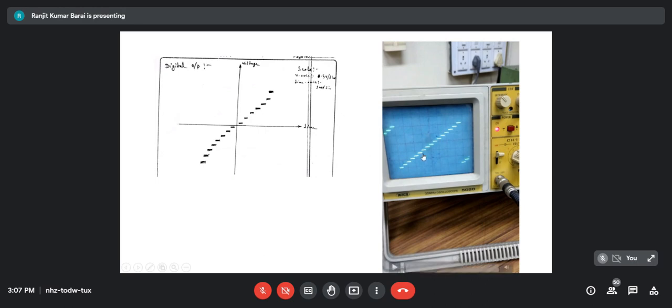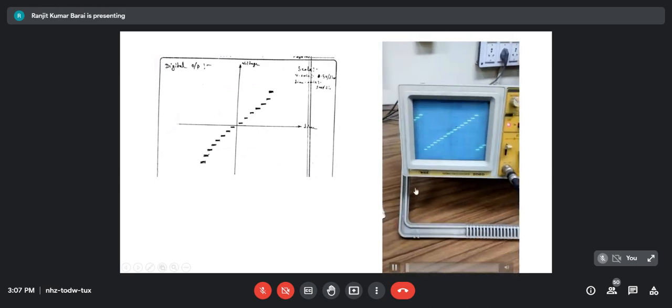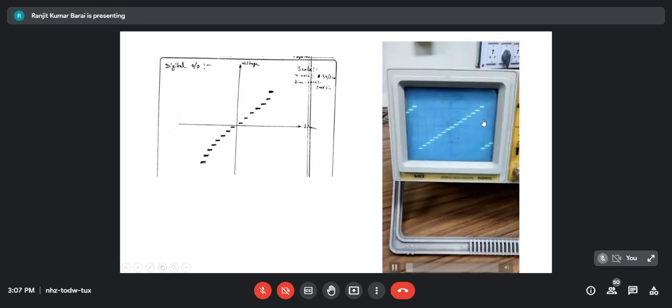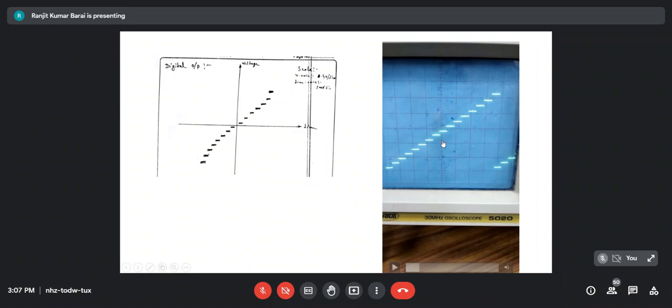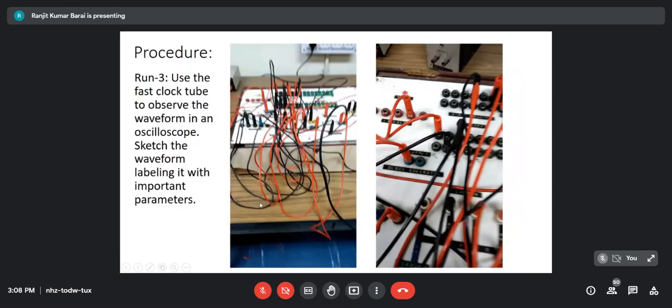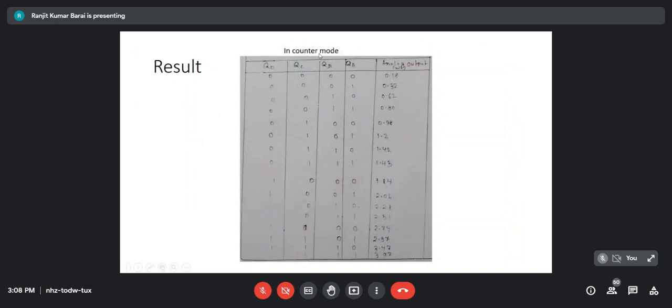Okay. See, we obtained a nice staircase from the oscilloscope. You can see it in the D to A conversion. In the D to A conversion, what happens? For each bit, let me go back to the previous slide, for each bit you are getting a voltage.